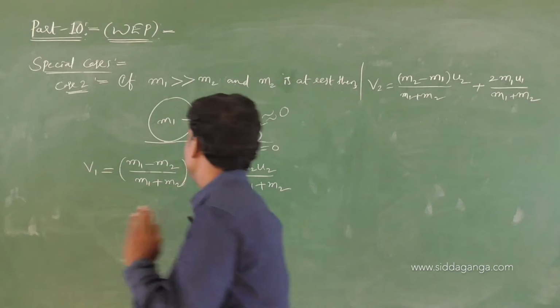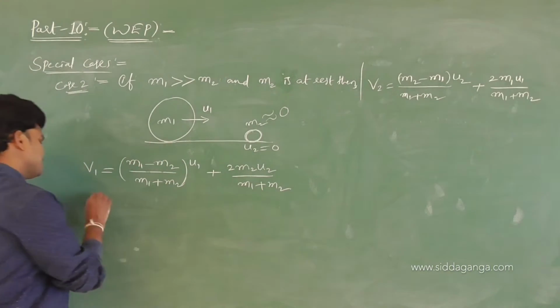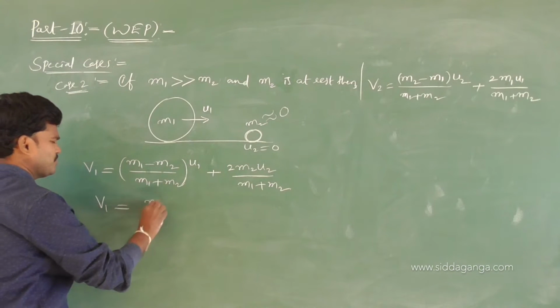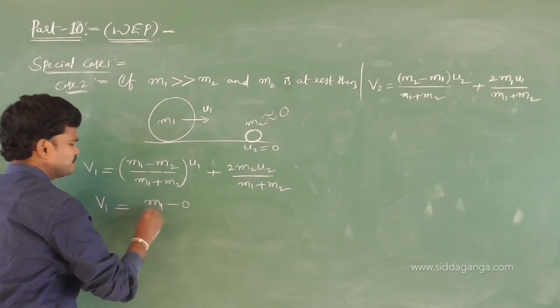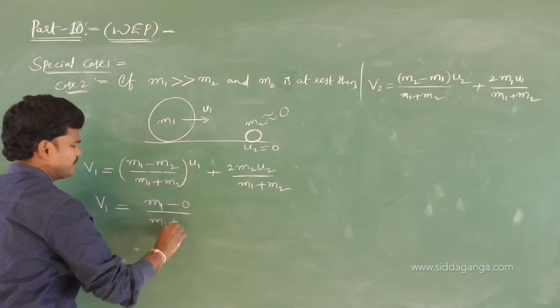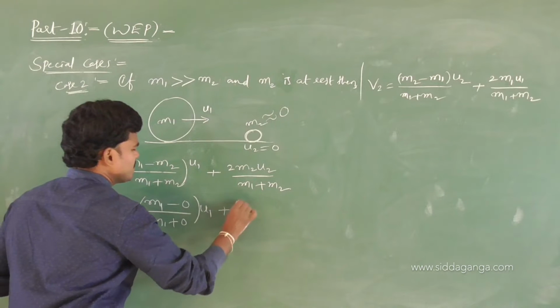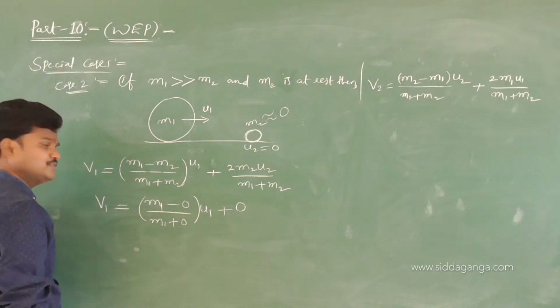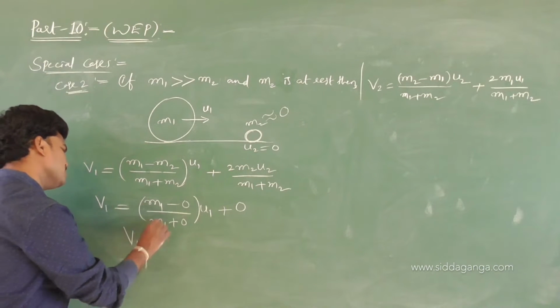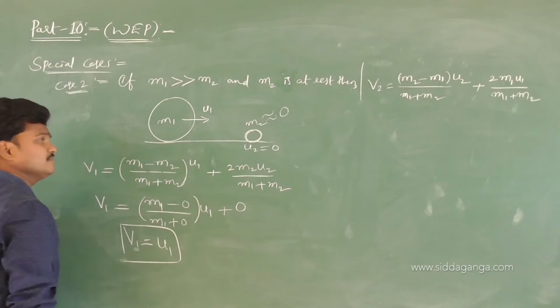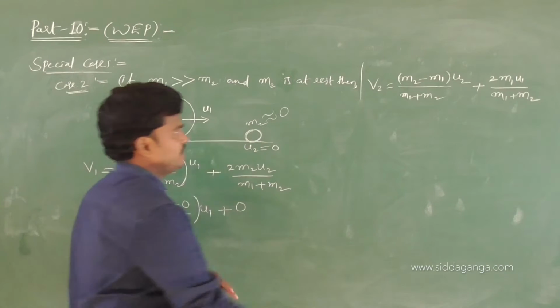So neglect m2. Then let us see what v1 is. m1 minus m2 (0), so m1 by m1 plus 0, into u1. m2 is anyhow negligible. So I got v1 as what? m1 cancels, only u1.